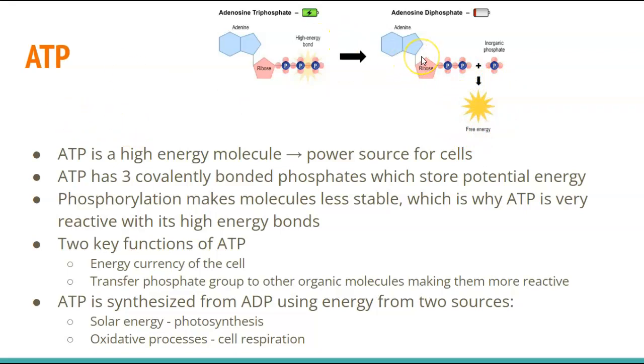You have to be able to turn this diphosphate back into the triphosphate. It's synthesized back from 2 sources. If you photosynthesize, you can get this energy from solar energy, or if you go through cell respiration, which is what humans do, it's through oxidative processes, which we'll talk a little bit more about in the next slide.